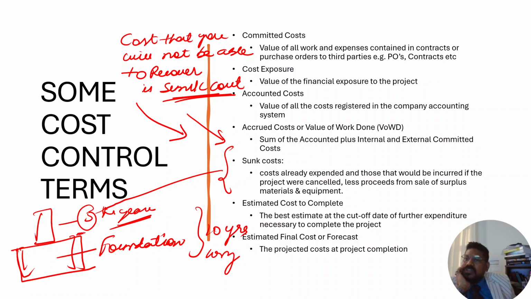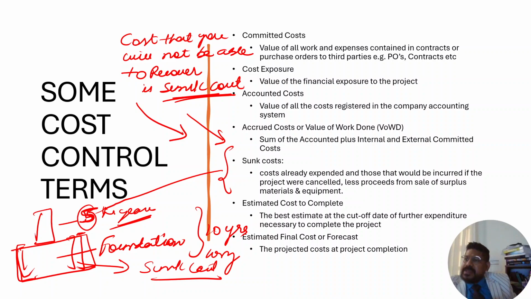So whatever investments you have made in 5 years, purchase of land, machines, etc., they can be recovered if you sell it. But foundation, gone, done. This is known as sunk cost.